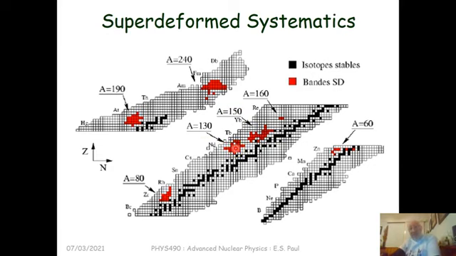But then we also see evidence for nuclei around mass 190 or 240. There's also evidence for these super deformed shapes. And then also there's some lighter region here, around 80 particles. There seems to be some evidence for very deformed rotational structures.